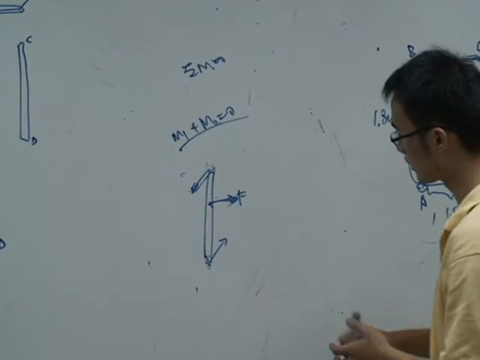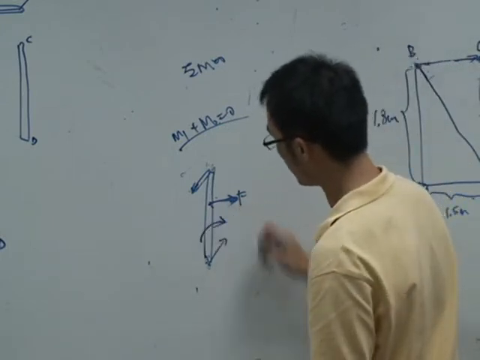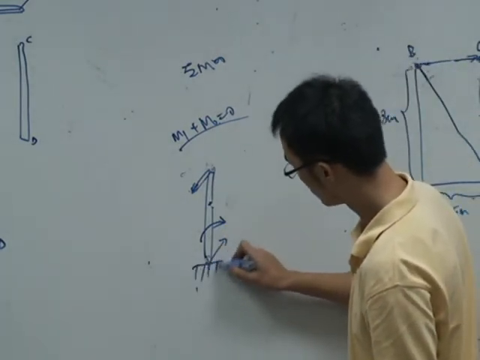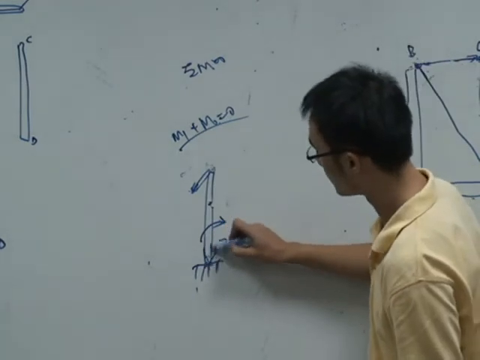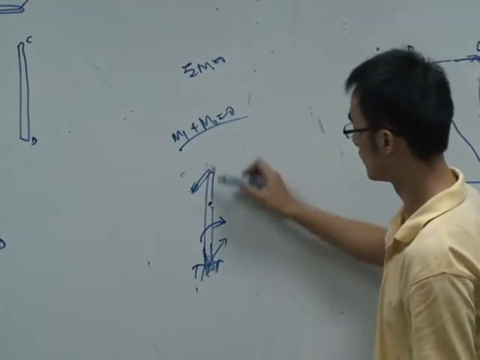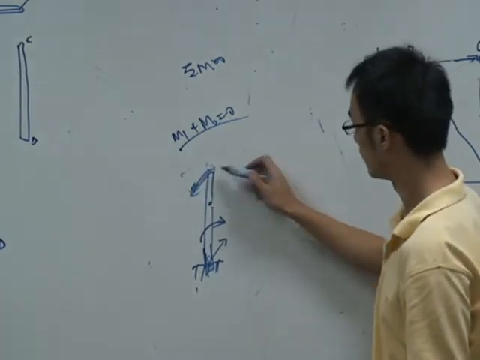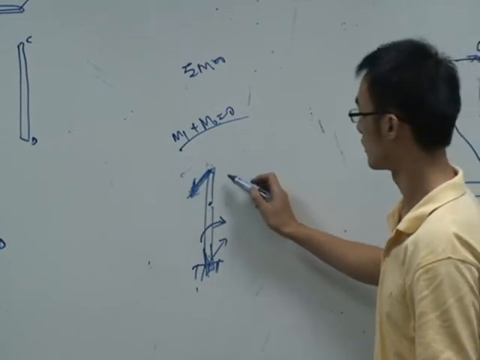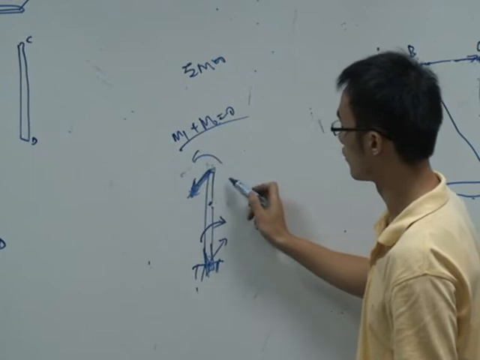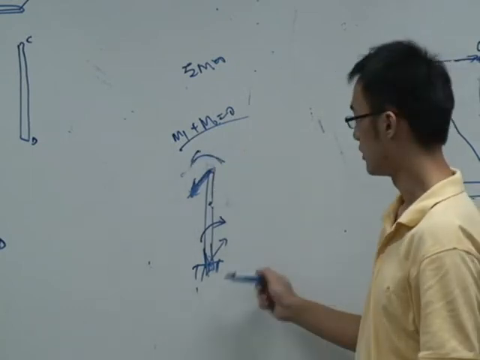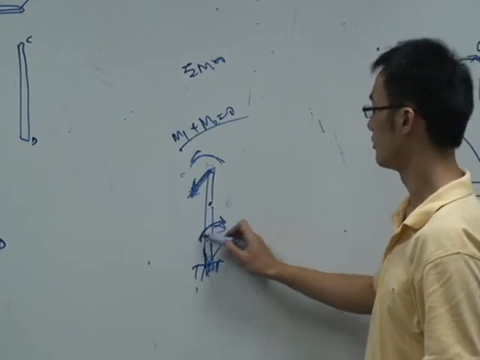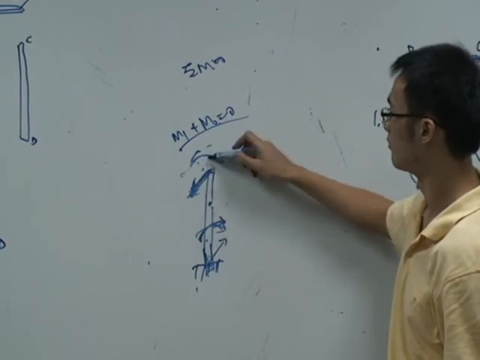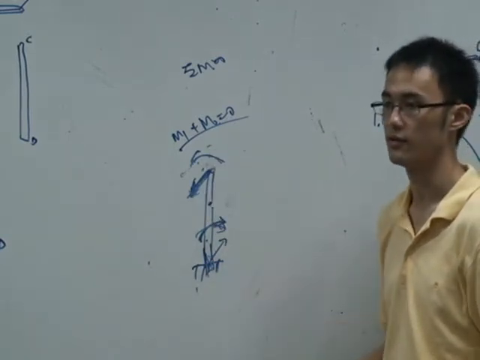Another condition is if there's a moment inside this member. For example, if one end is fixed into the ground, and we have a moment over here, and we have forces which are not in the x direction at one end, creating a moment for this whole object to turn this way, then this external moment can balance out with the moment created by this force in the axial direction.